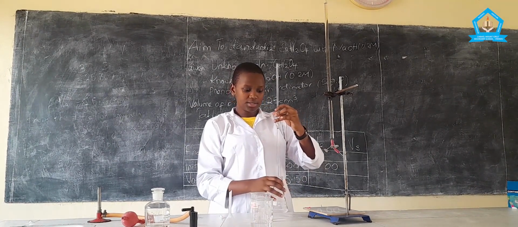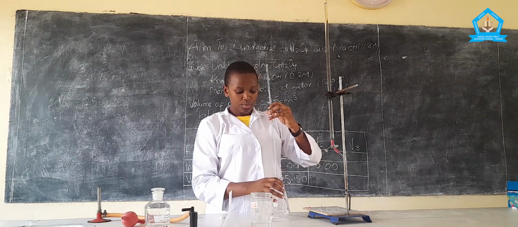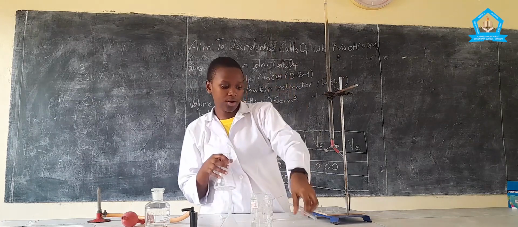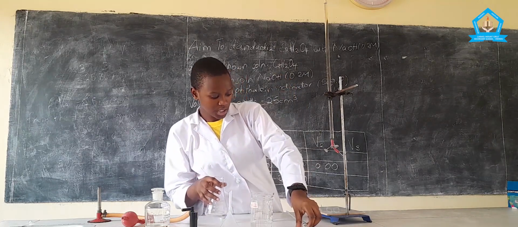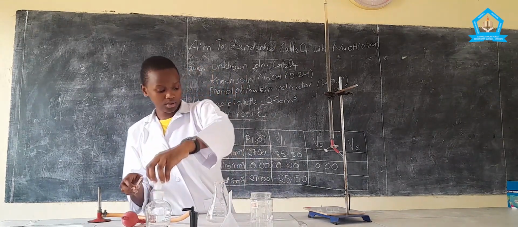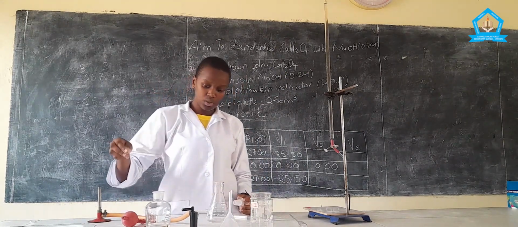As I said, it's not compulsory to remove the last drops from the pipette since it will lead to some errors. So we need to be careful when transferring the base from the pipette to the conical flask.